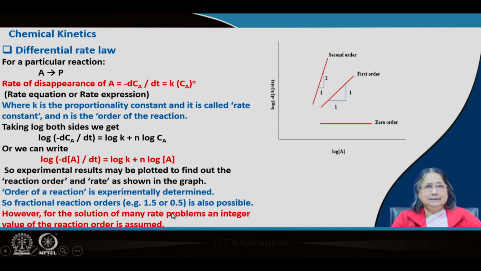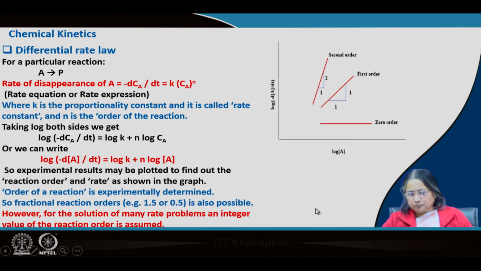Say for example, decomposition of acetaldehyde at 450 K. At high temperature you will see that the order is 1.5. This is possible, but sometimes for practical purposes, say for example, if you see the slope is like 0.95, then you can think that it is close to 1. So, you can say that order is 1, so it is a first order reaction.